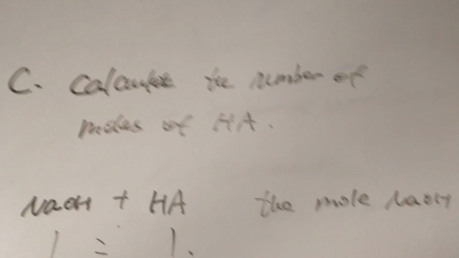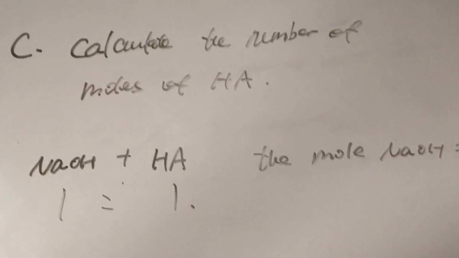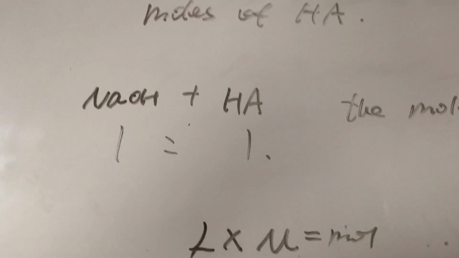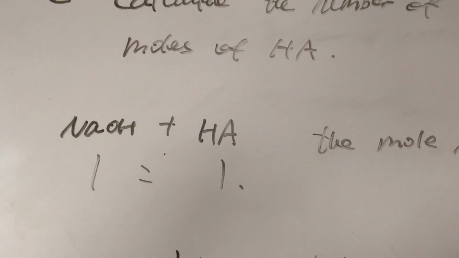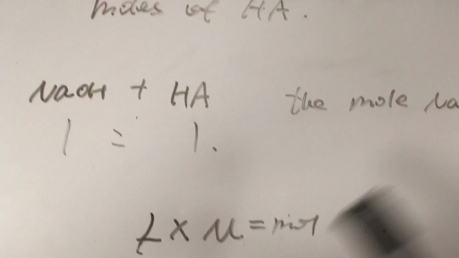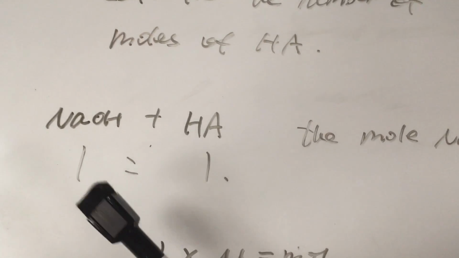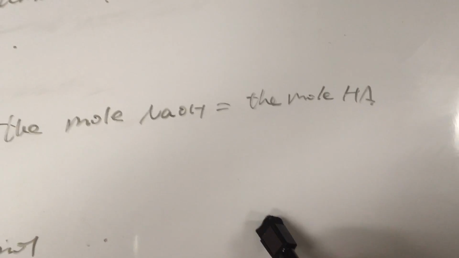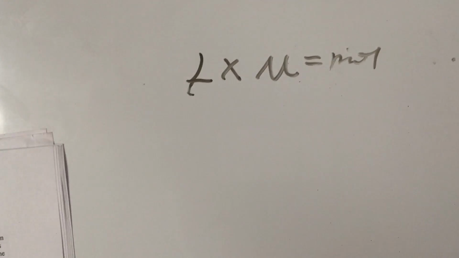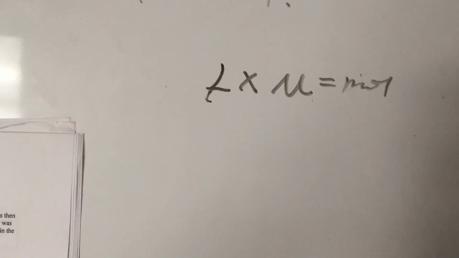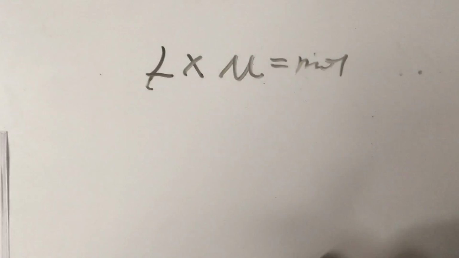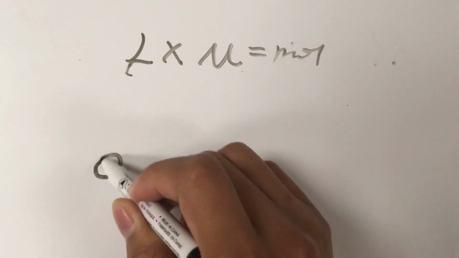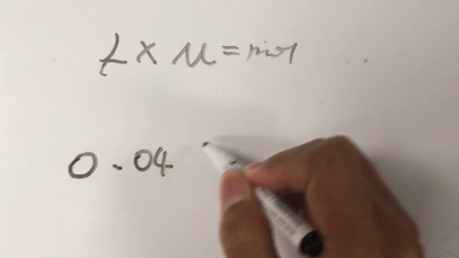Okay, let us start question C. Calculate the number of moles of HA. As we know, in the reaction, sodium hydroxide is 1 mole and the HA also is 1 mole. So the mole ratio of these two should be the same, so the moles of sodium hydroxide should be equal to the moles of HA. We don't know the mass of the sodium hydroxide, but the thing we know is the volume of sodium hydroxide is 0.04 liters.